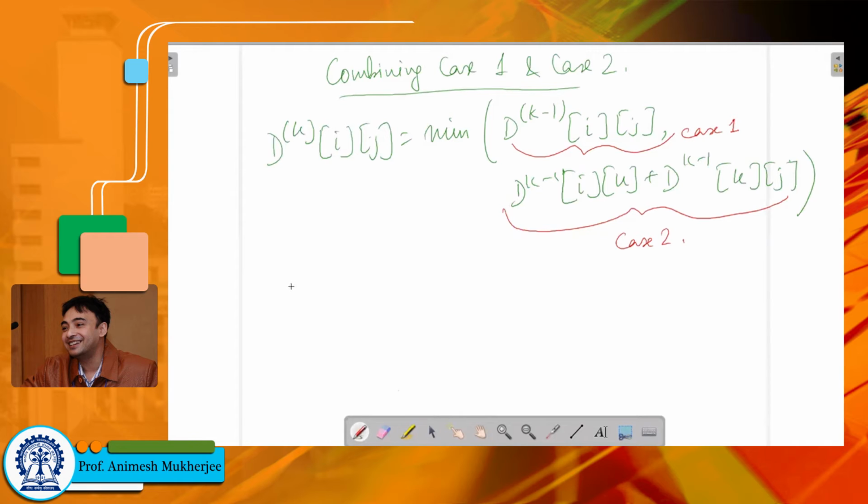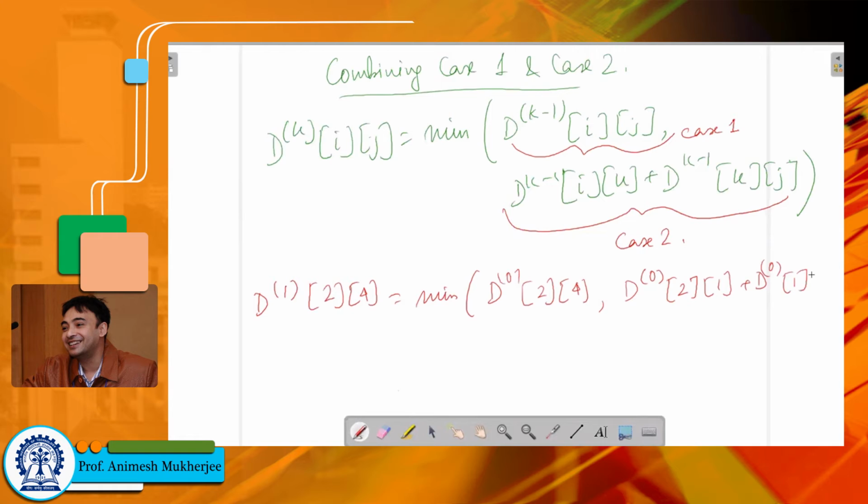So some examples we can try to compute for our running use case. Say if we want to compute d^1_14, this is the minimum of d^0_14 comma d^0_11 plus d^0_14.